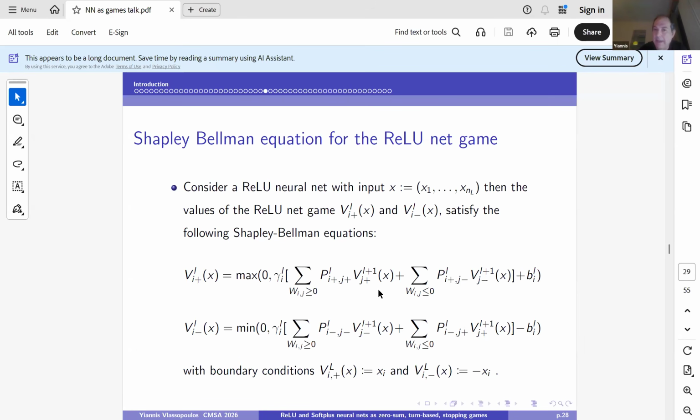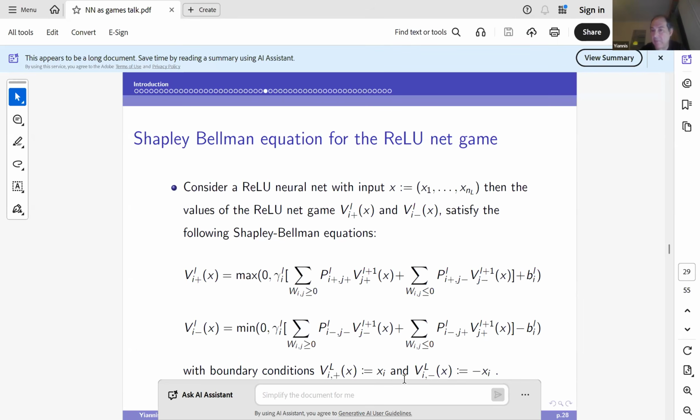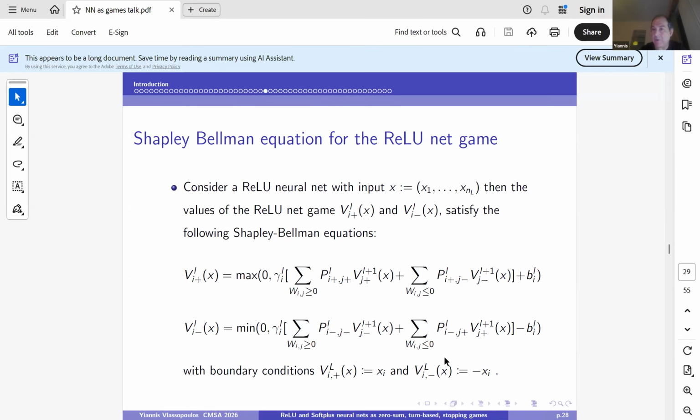The value of the game at the next state is waiting for you there, and that's how you backtrack. The terminal condition is just the fact that the value at the end is going to be xi or minus xi, depending on whether you're in a max state or a min state. So that's what the ReLU actually is, and you can already see this happening here.